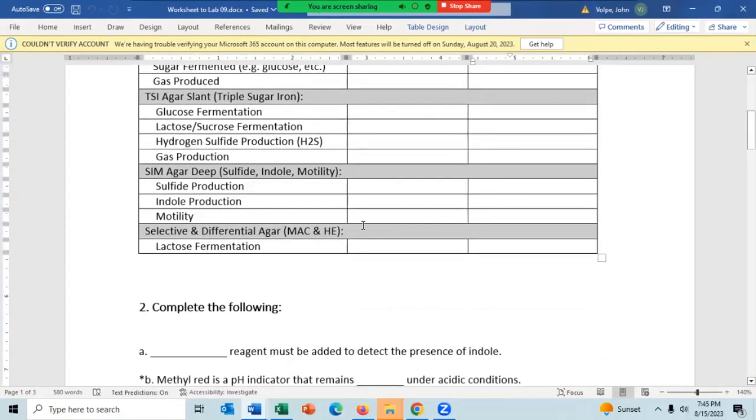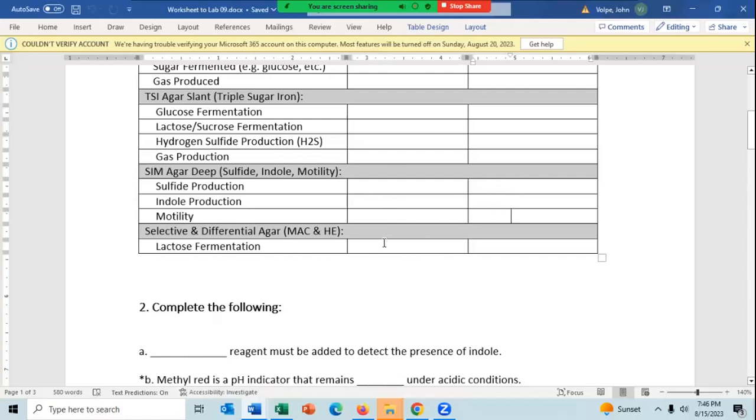SIM agar test, we talked about that today. Sulfide production, tell me what the positive result is, what the negative result is. The indole test, tell me what the positive result looks like, what the negative result looks like. Motility test, tell me what positive looks like and negative looks like.